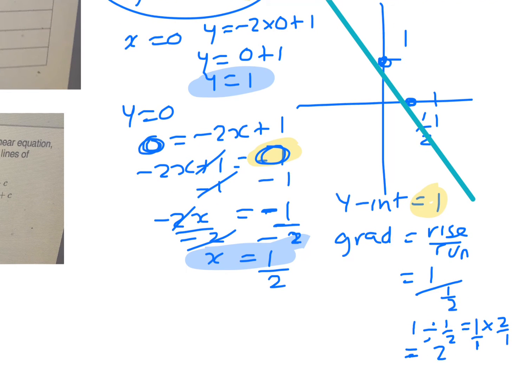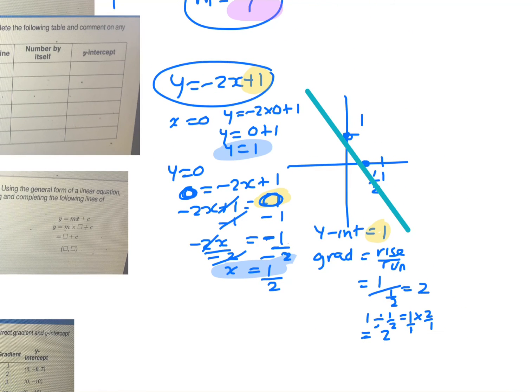So you end up with 2. So the gradient is 2. So notice that the number in front of the x, which is that one, is the gradient. Okay, so that's going to be minus 2x plus 1.